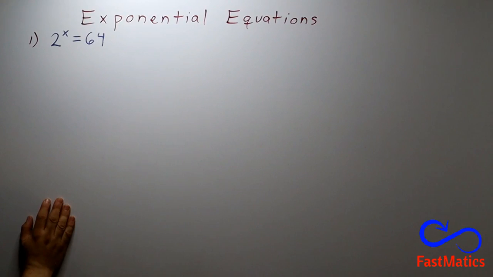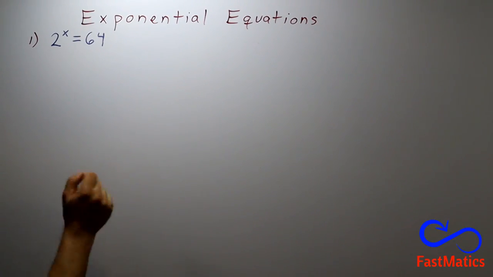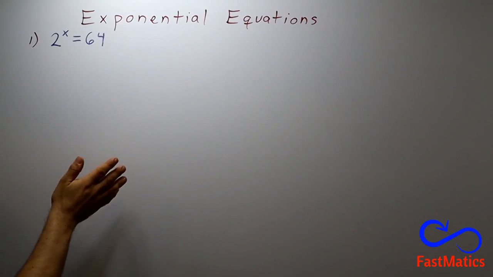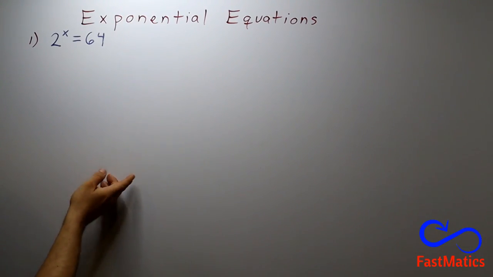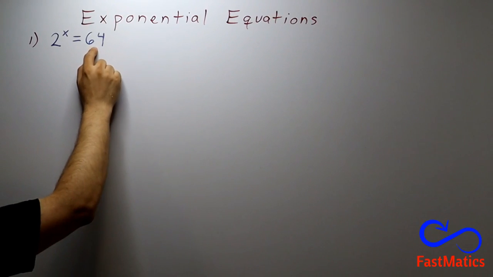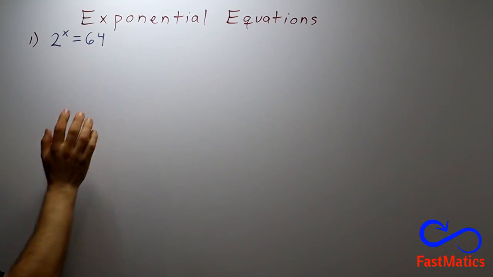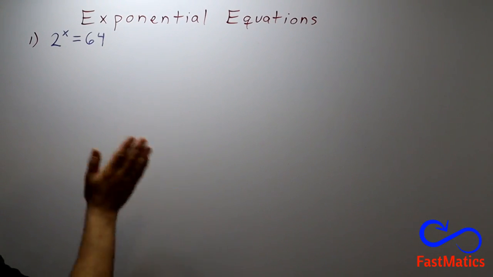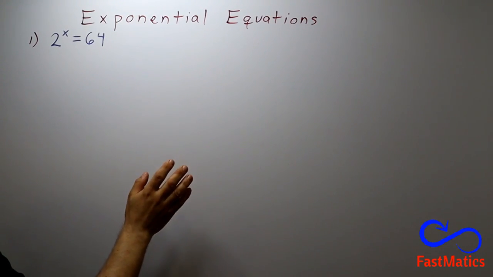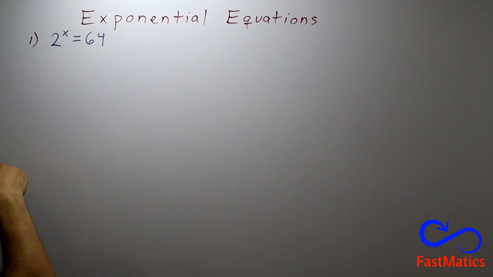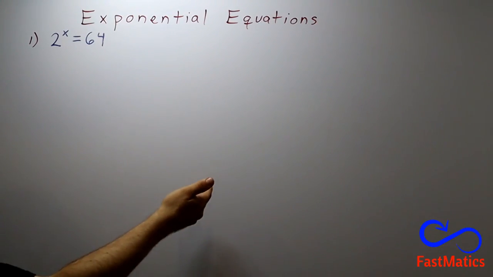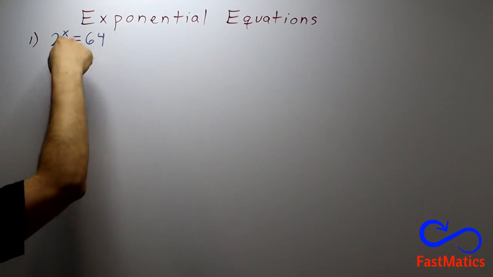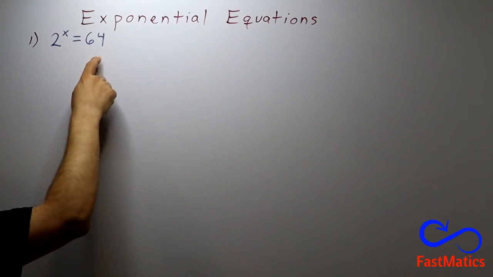So, first of all, we have to say that we have two main methods to solve exponential equations. First method, we are going to try to get the same base here and here. But it is very important to say that always, if you are going to solve an exponential equation or a logarithmic equation, you need only one term on the left side and only one term on the right side.